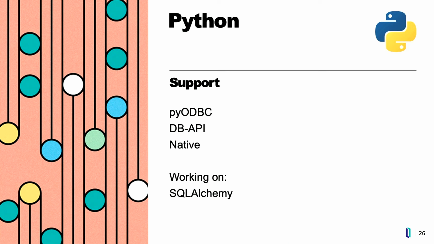But then they came up with a simpler way of working with relational data, which is DBAPI. And that's a generic way that works on all platforms to work against relational data. So if you start to work with something and you see a DBAPI, always use the DBAPI. If it doesn't have support for DBAPI, you can always fall back to PyODBC.